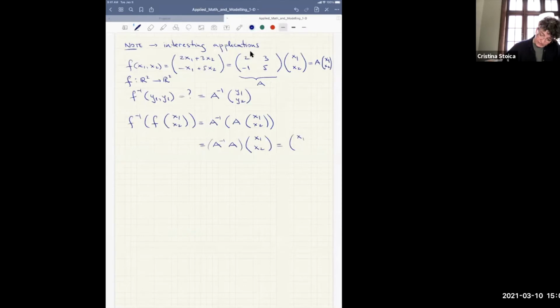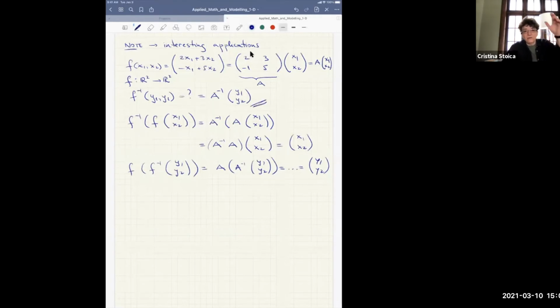So that's the inverse on one side. And f of f⁻¹ of (y1, y2), the inverse from the other side, would be A A⁻¹ (y1, y2), which is (y1, y2). So in other words, f⁻¹ applied to (y1, y2) is that one.